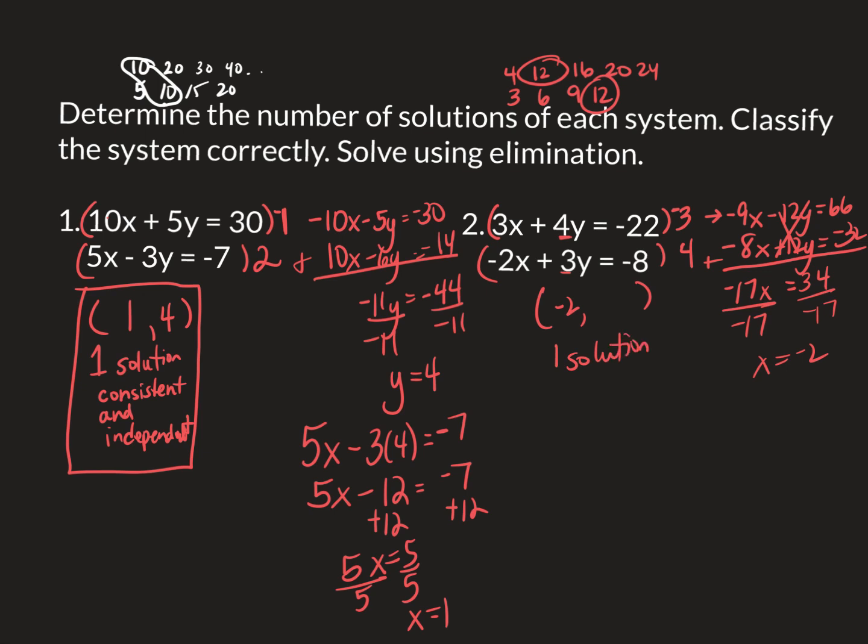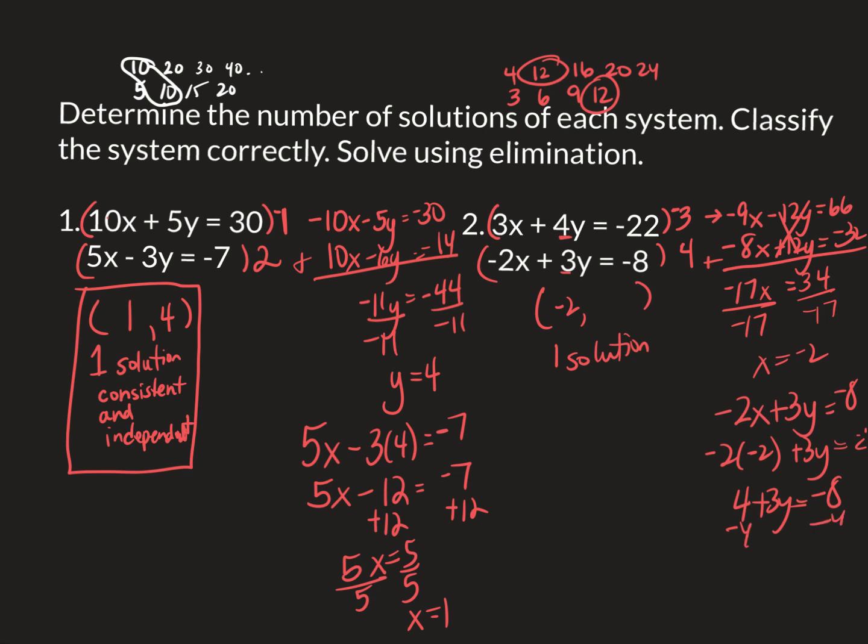And I'm going to substitute into the bottom equation negative 2x plus 3y equals negative 8. Negative 2 times negative 2 plus 3y equals negative 8. Positive 4 plus 3y equals negative 8.